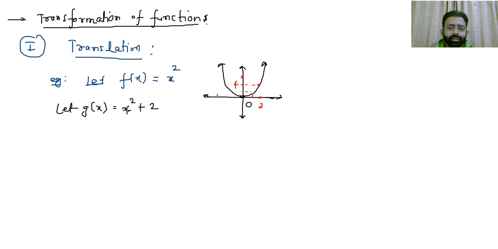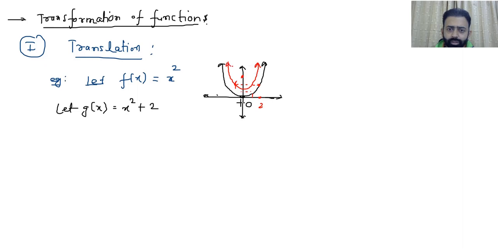So instead of the starting point being 0, the starting point of the g(x) function will be 2. As you can see, there is no change in the shape of the curve. It is just that the initial point has been shifted by 2 units along the y-axis, and the resultant graph will be like this.